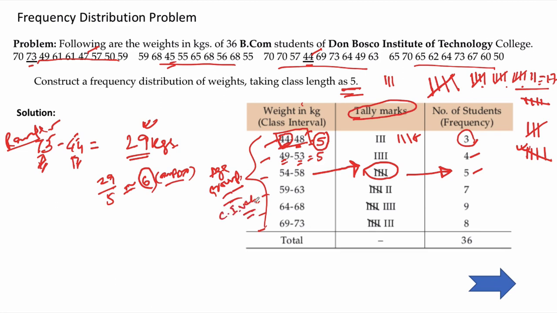We'll explain more in the coming lectures. So these are called class intervals, and the length is 44, 45, 46, 47, 48. So 1 2 3 4 5, 5 class length. Hope you have understood how the tabulation is done for a frequency distribution problem.